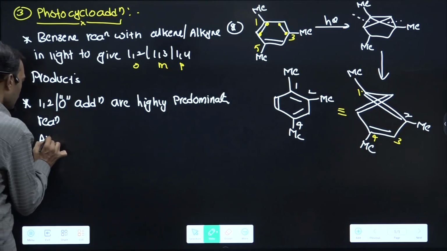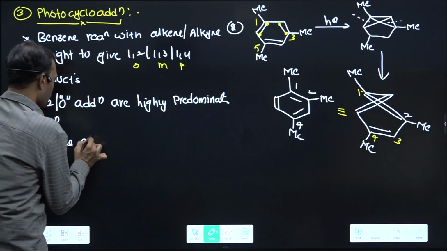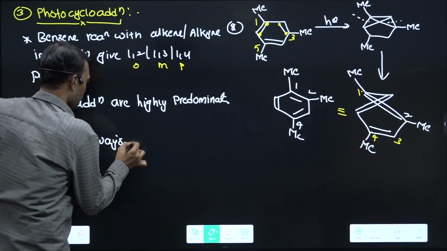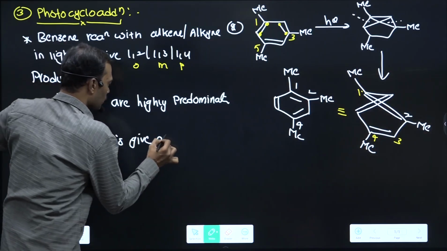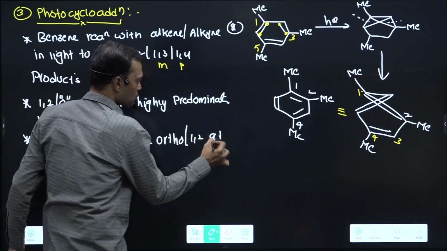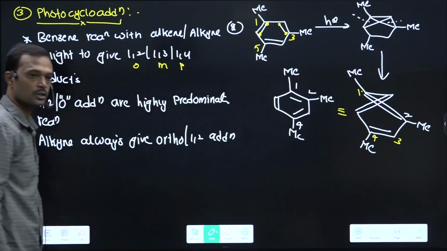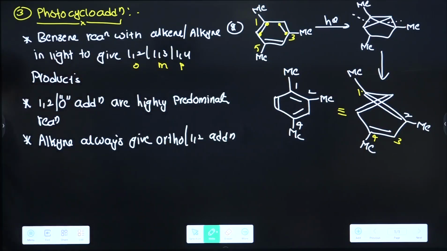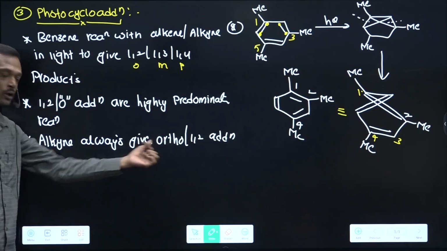If I take any alkyne, triple bond, it always gives ortho addition, that is 1,2 addition only. Triple bond never gives meta addition. Triple bond never gives para addition. Triple bond always gives 1,2 addition only.